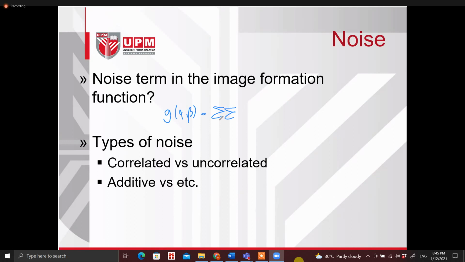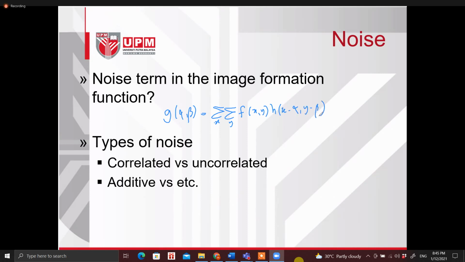Both summation in X and Y for F(X, Y) and H(X minus alpha, Y minus beta).